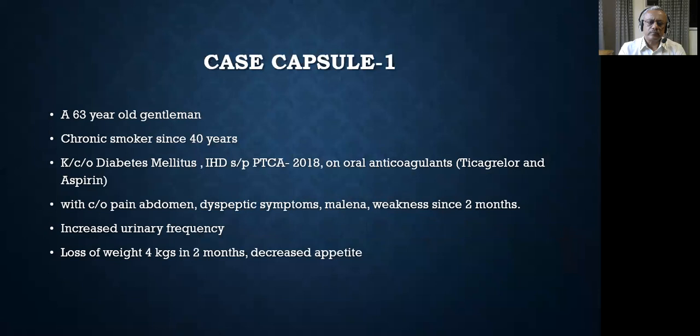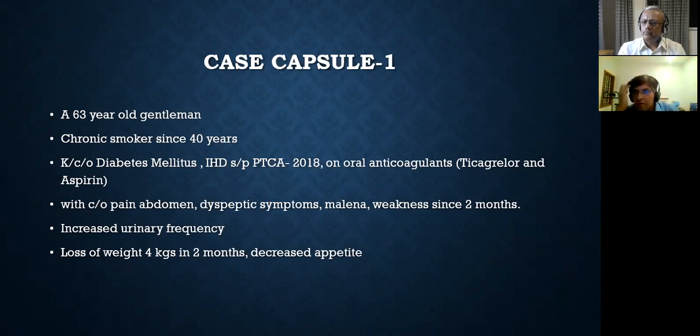is a 63-year-old gentleman who was admitted under a physician, and then the surgeons were given a reference. He's a chronic smoker for 40 years, and a known case of diabetes mellitus and ischemic heart disease. He had undergone PTCA in 2018, and is on dual antiplatelet agents, ticagrelor and aspirin.